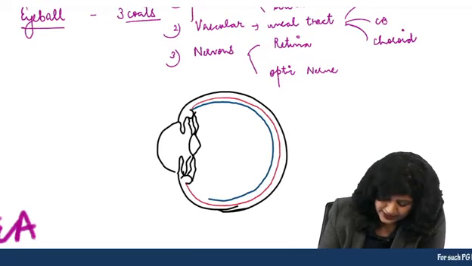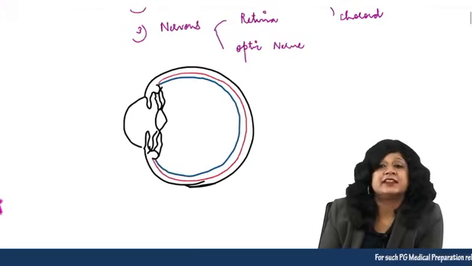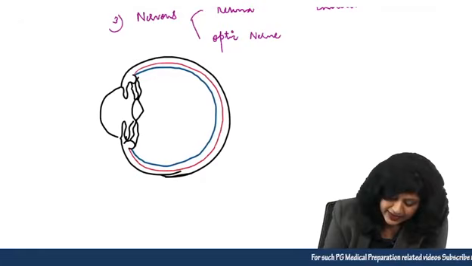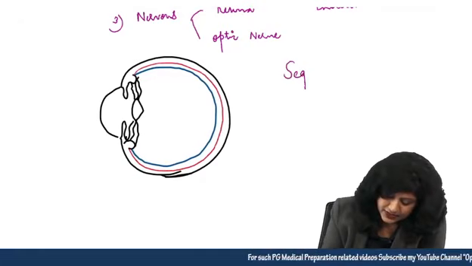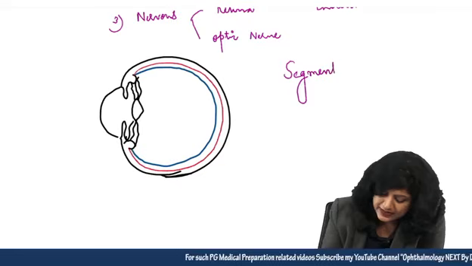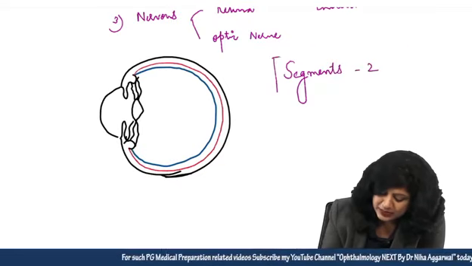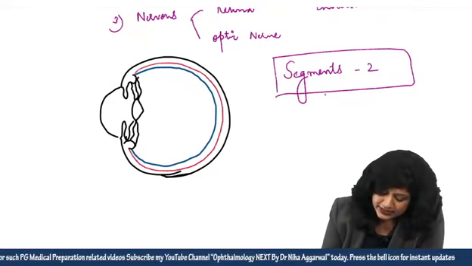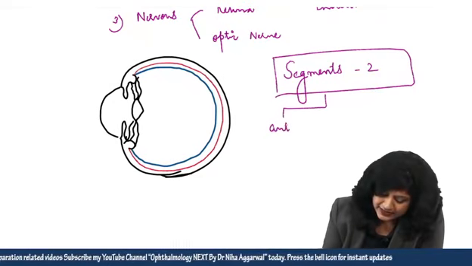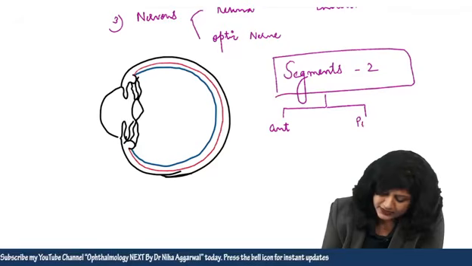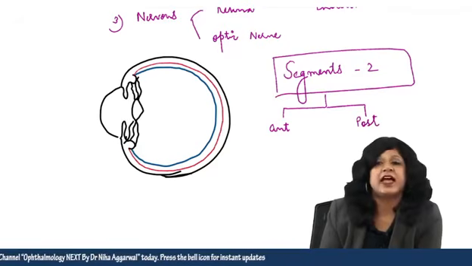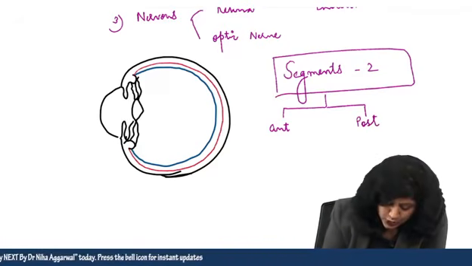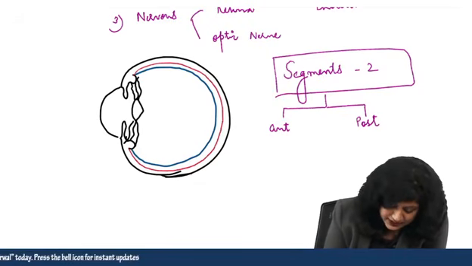Now there is another term that is used here, and that is the segments. These segments are two. We have got two segments in the eyeball, and whenever we have two things, it is usually like one is anterior and one is posterior. Basically, this is the iris.